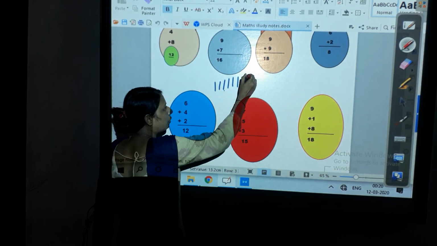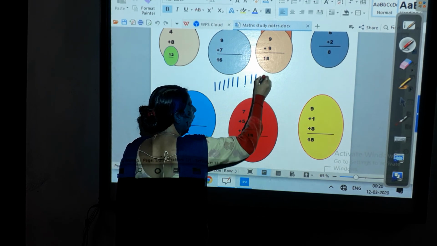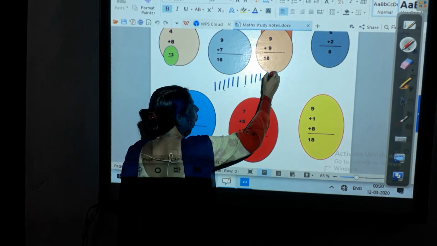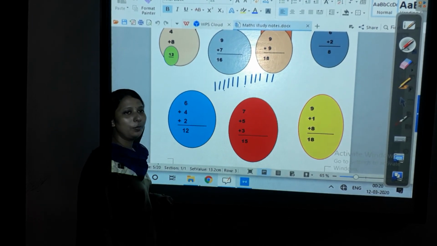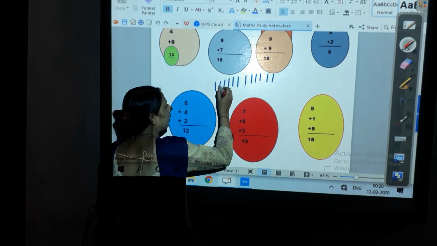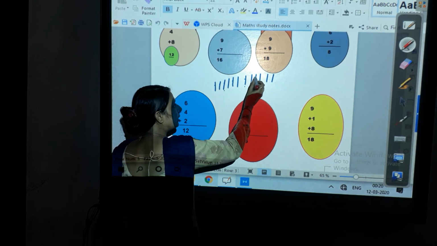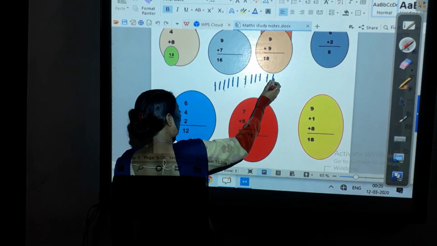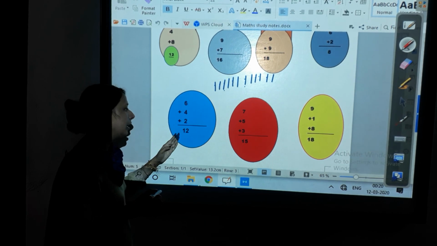Next addend is 4: 1, 2, 3, 4. Next is 2: 1, 2. Is it visible children? I hope the video is visible. So let us count it together. 1, 2, 3, 4, 5, 6, 7, 8, 9, 10, 11, 12. So 6 plus 4 plus 2 is 12.